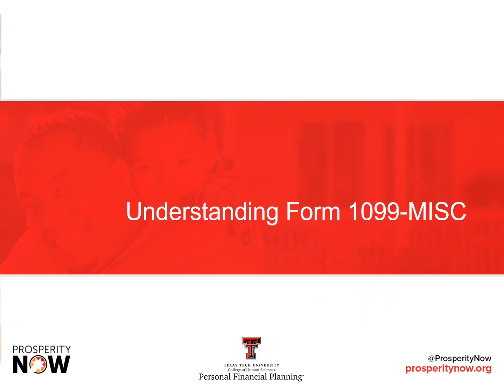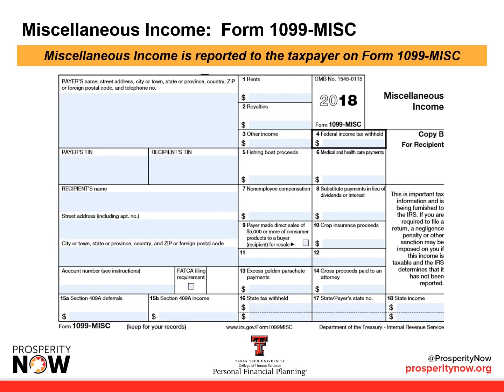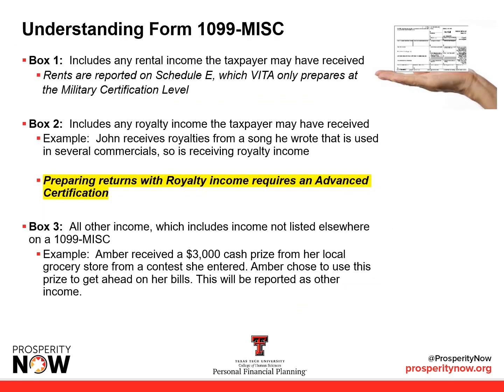So let's figure out what is exactly in the Form 1099 miscellaneous. As you can see on screen, this is a copy of the 2018 version of the Form 1099 miscellaneous. Box 1 of the form includes any rental income the taxpayer may have received. Rents are reported on Schedule E, which VITA only prepares at the military certification level.